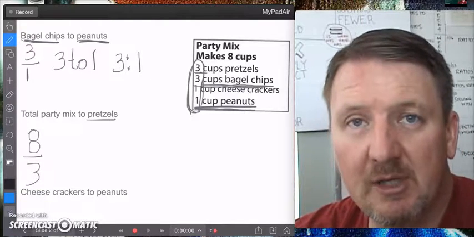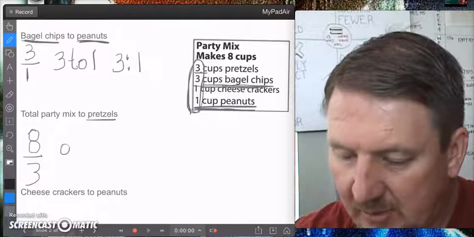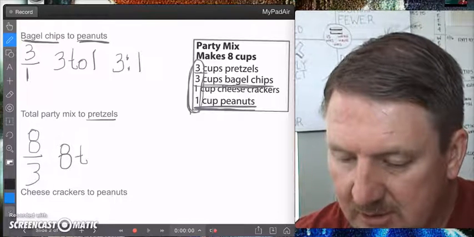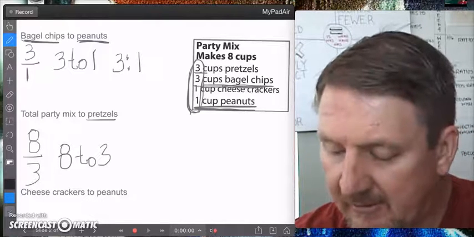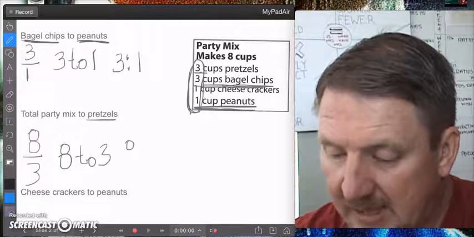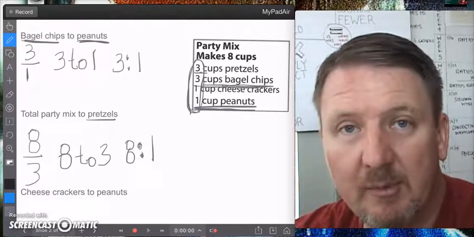So 8 cups of party mix to 3 cups of pretzels. Now that's the fraction. The next way to compare it would be 8 total cups of party mix to 3 cups of pretzels. The final way would be 8 cups of party mix, that's a colon, to 3 cups of pretzels.